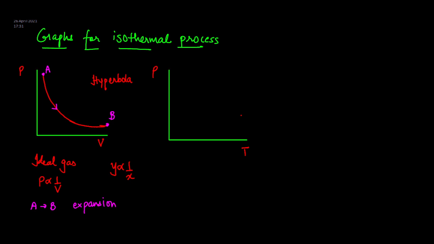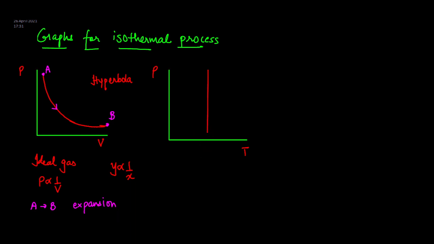Give a specific answer. Vertical line. Yes, vertical line. Just saying straight line won't do. It will be a straight line parallel to the y axis, that is a vertical line.